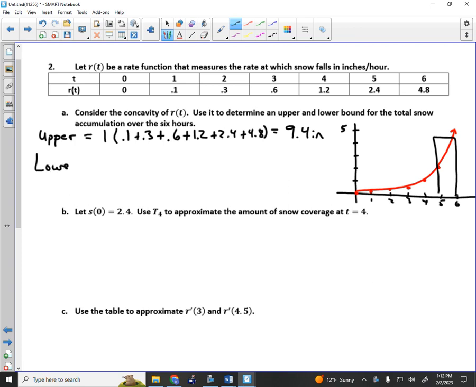Then the lower bound, that would be a right-hand sum or a left-hand sum? A left hand. If you're going to do the left hand, that means that you would be going up to, yeah, we would stop at 2.4, wouldn't we? So we'd start by adding on 0, and then we would not add on the 4.8, right?